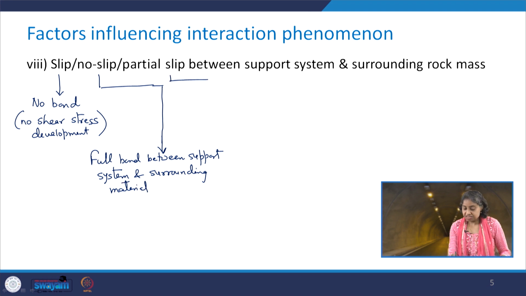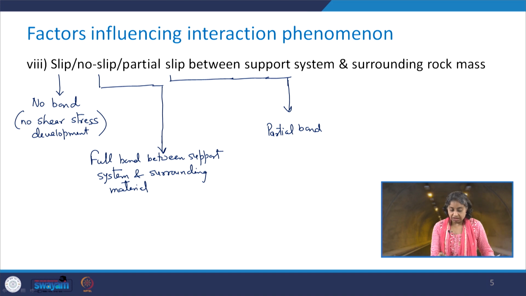And coming to this partial slip, as the name suggests, obviously there is going to be partial bonding. So basically these act as the boundary conditions.